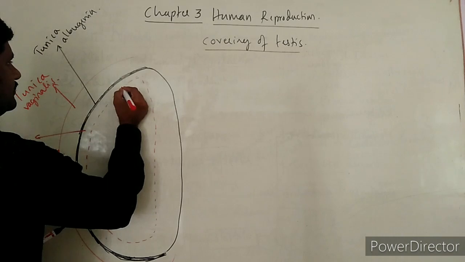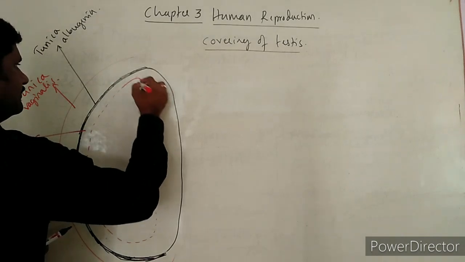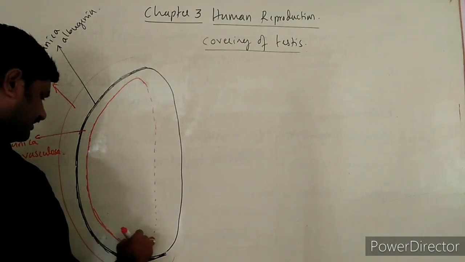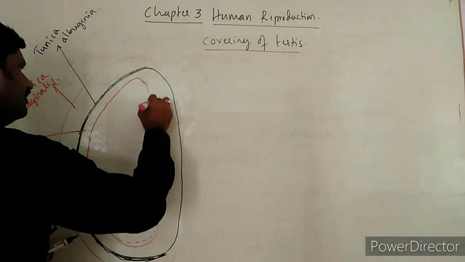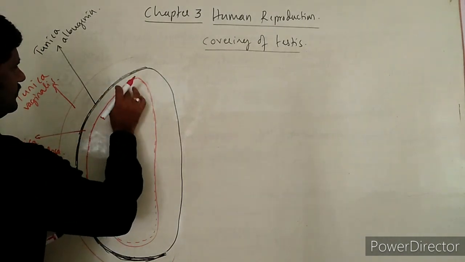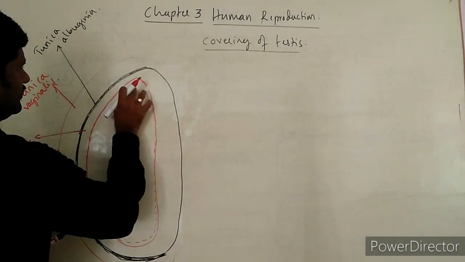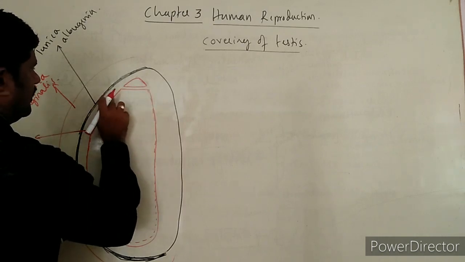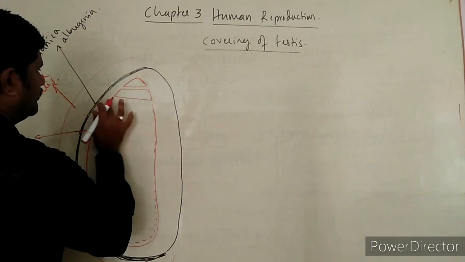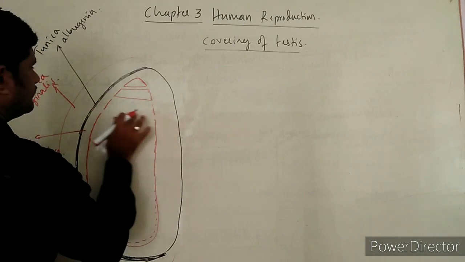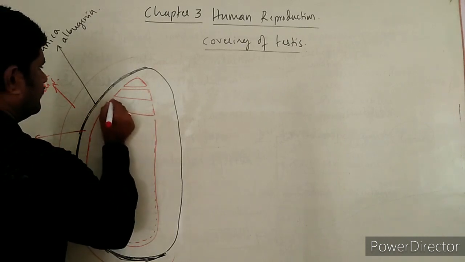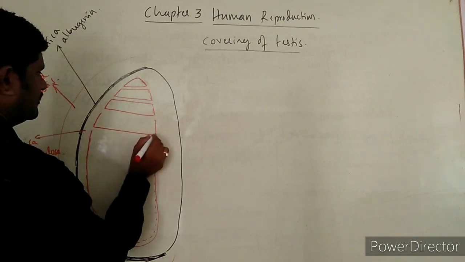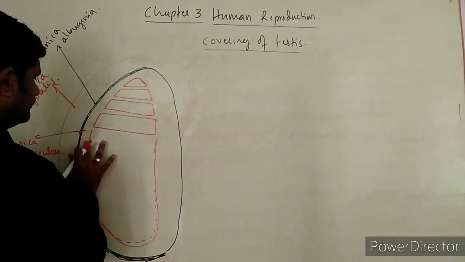So this is the part in which we are seeing the testicular lobules. This is one testicular lobule, this is another, and another, and another.